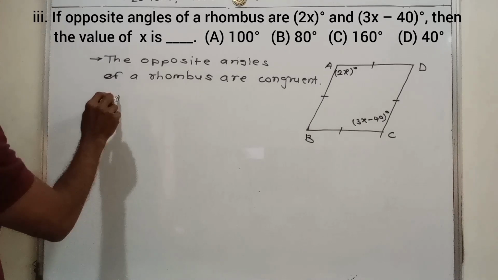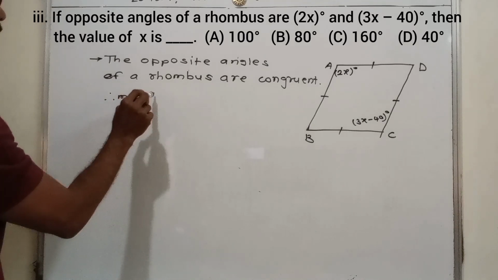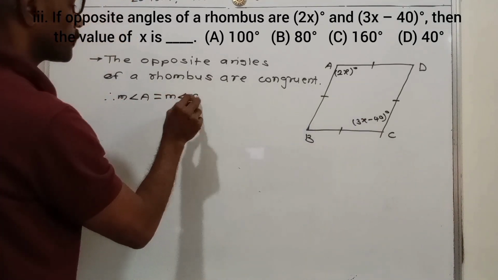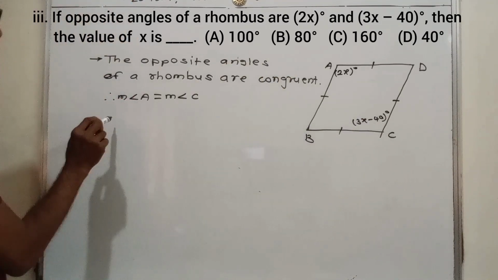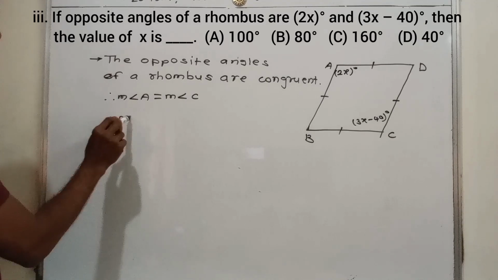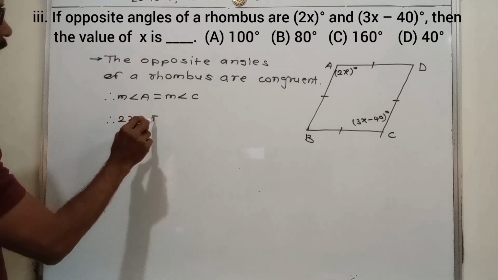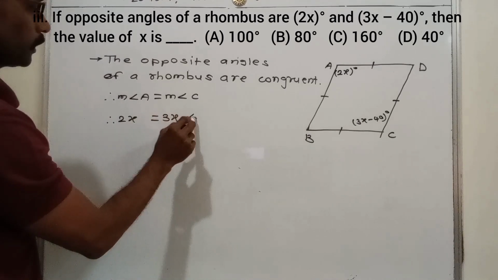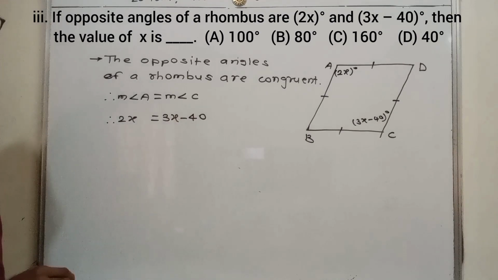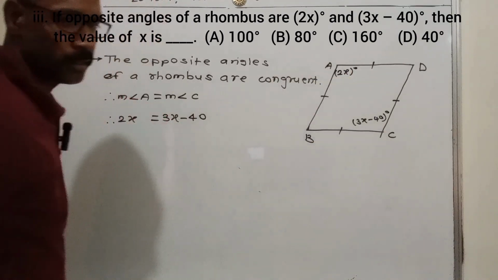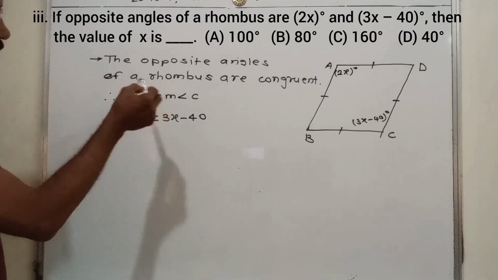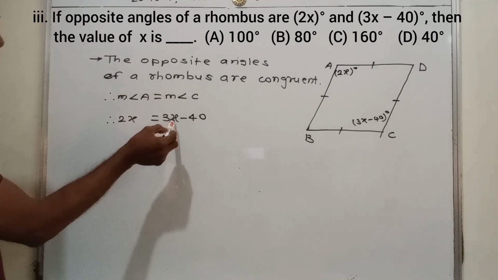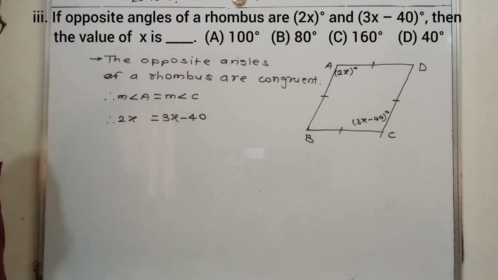Therefore, measure angle A is equal to measure angle C. Therefore, 2x is equal to 3x minus 40. Did you get it? Opposite angles are congruent or equal in measure. Therefore, 2x degree is equal to 3x minus 40 degree.